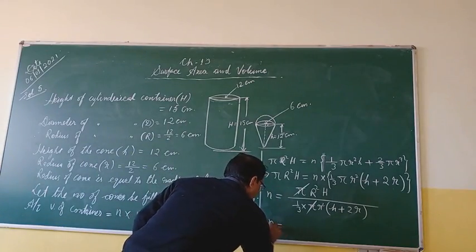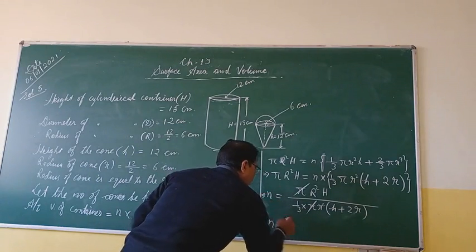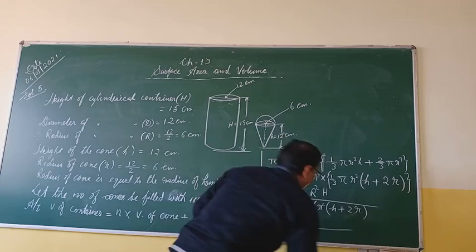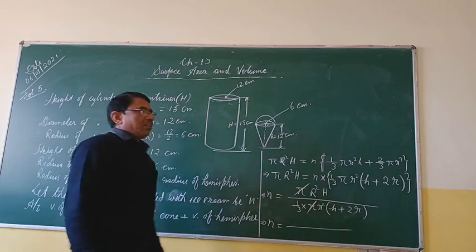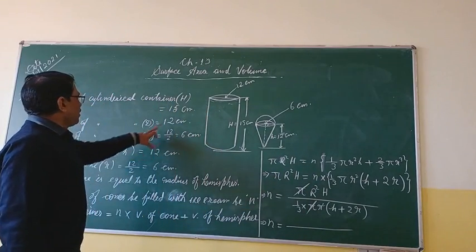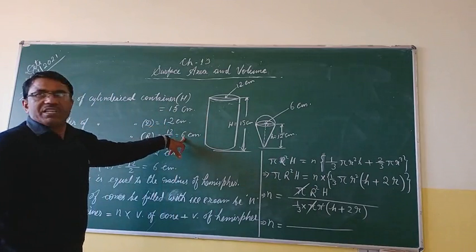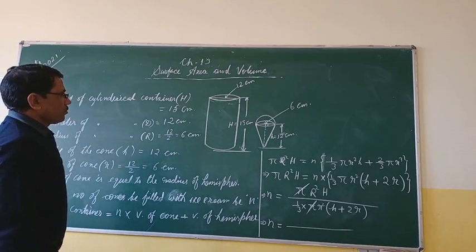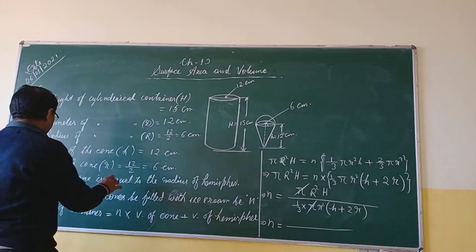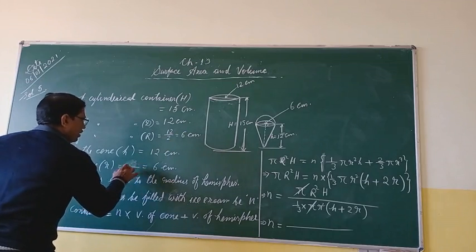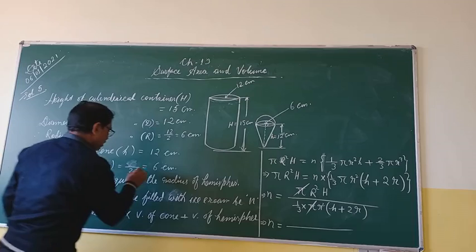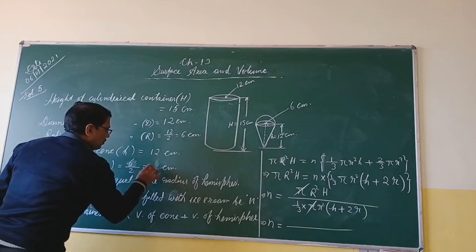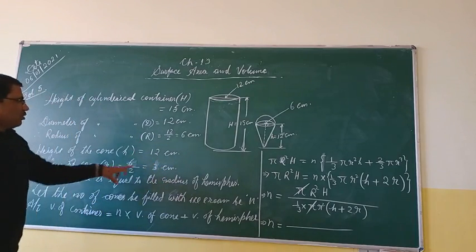Now n is equal to, draw a line first. R square. What is the value of R here? 6 centimeter. Sorry students, the small r will be 3.